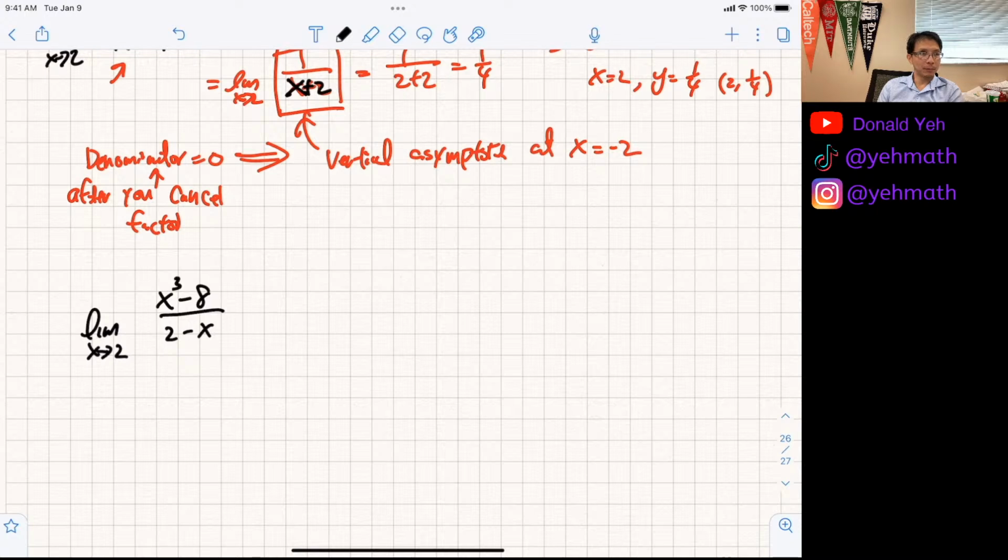It's on your calculus packet. Amil? Can you factor the numerator for me? It would be x minus 2 times x squared plus 2x plus, plus what?